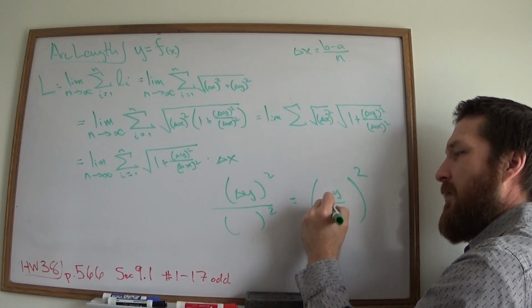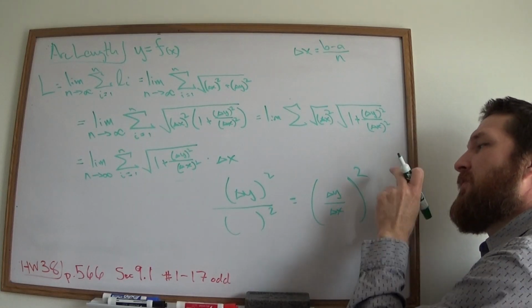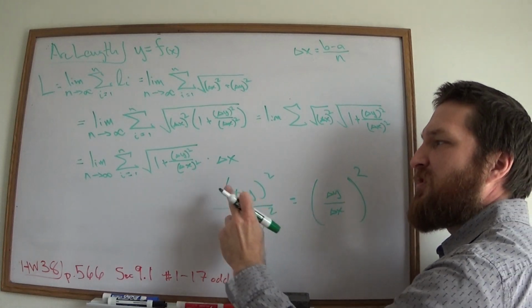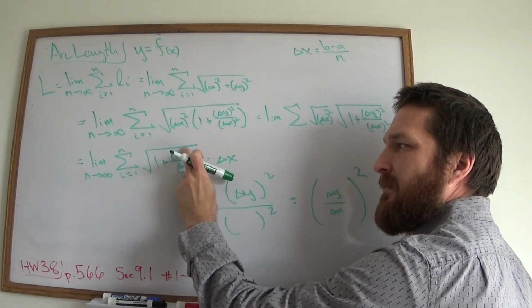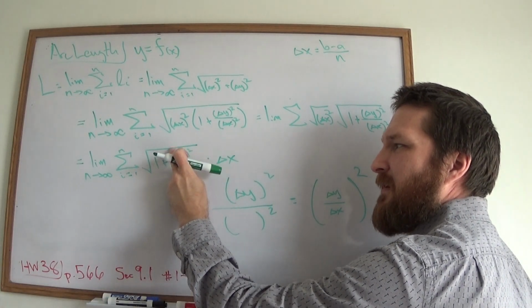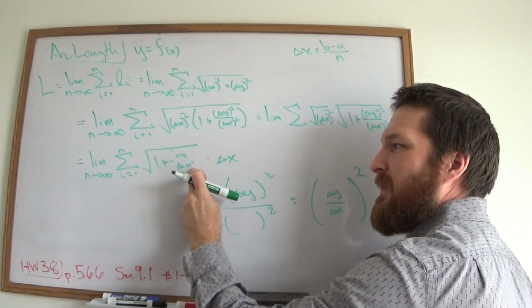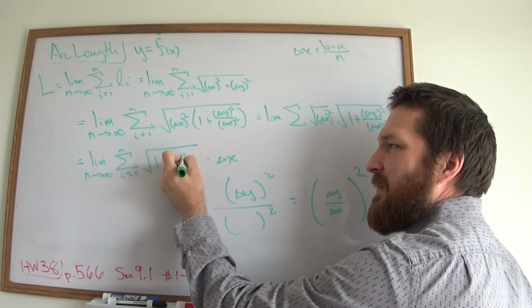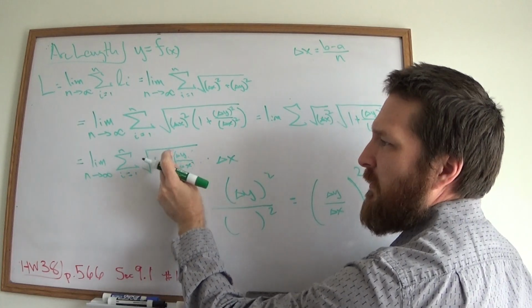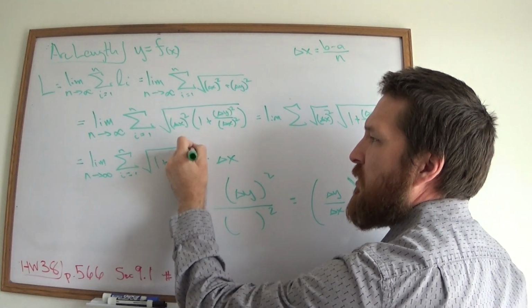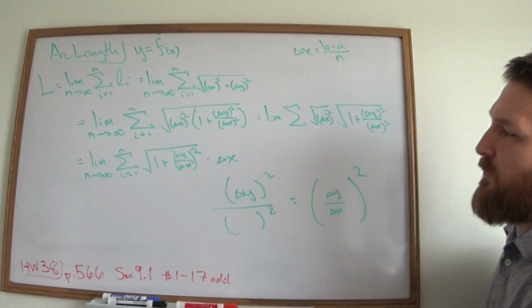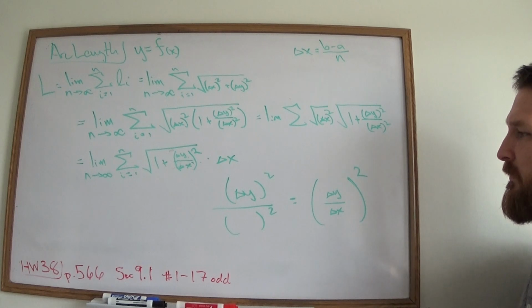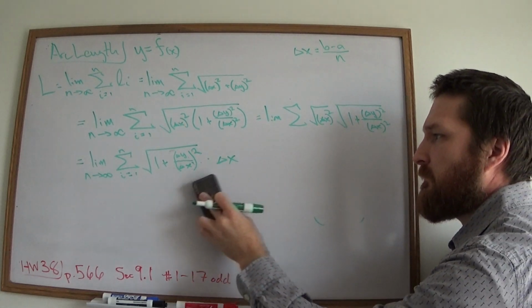So we have delta y over delta x, quantity squared. Each one of those squared is the same thing as just doing them squared. I haven't changed anything, just wrote it a little bit differently, okay?